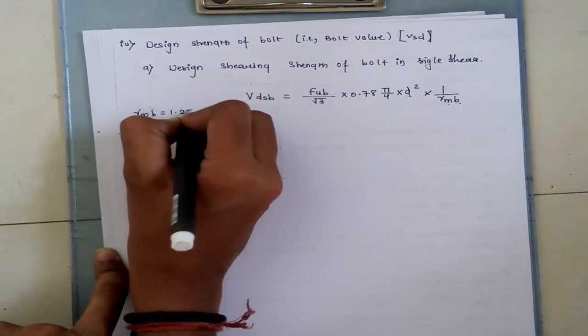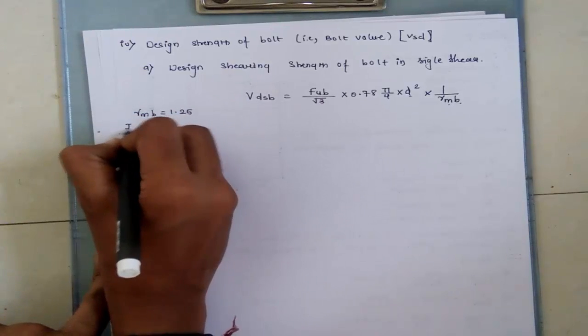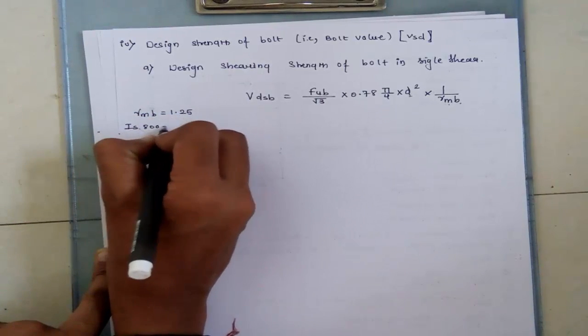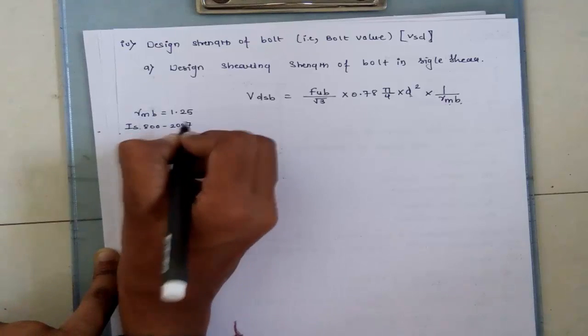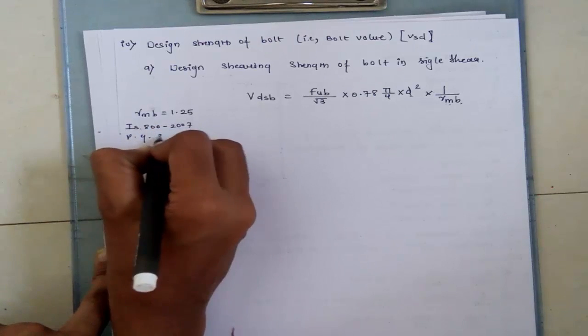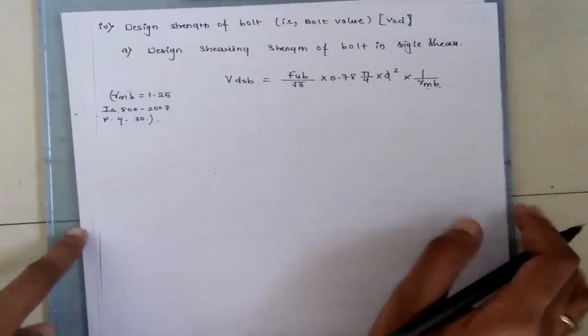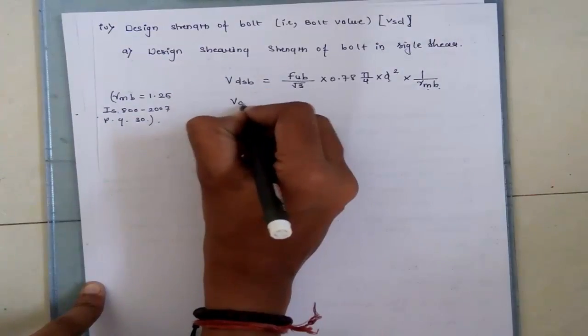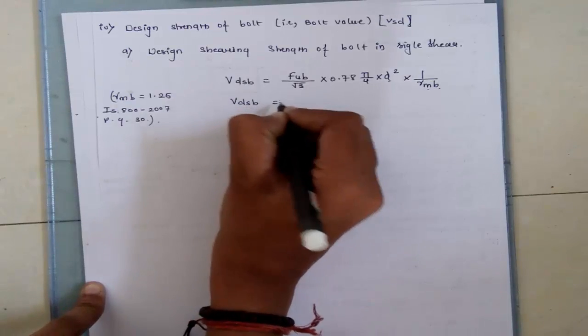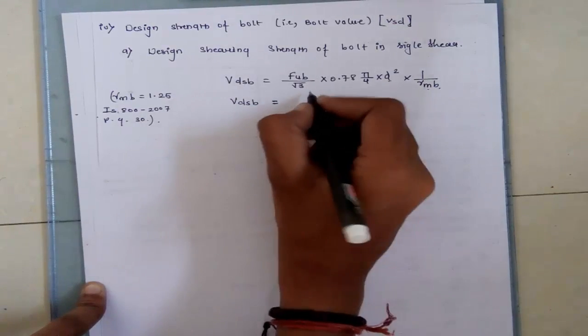The value of gamma mb is 1.25 in IS 800:2007, page number 30. There one table is given.